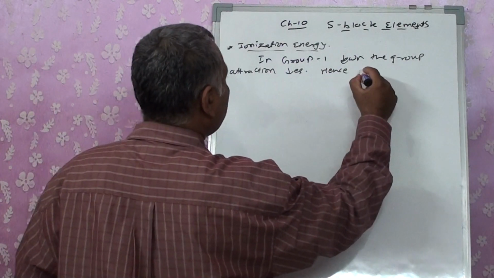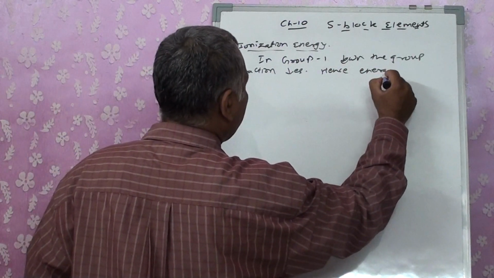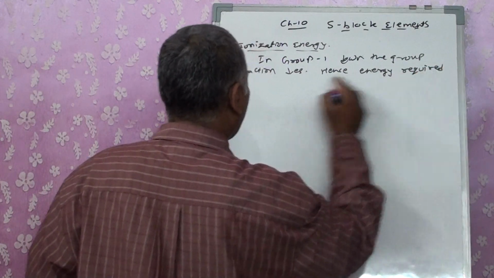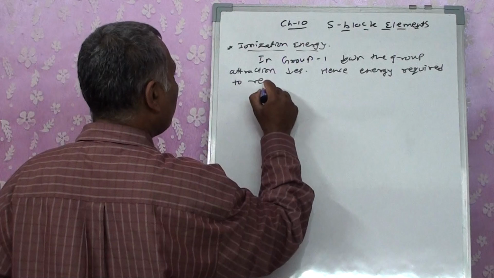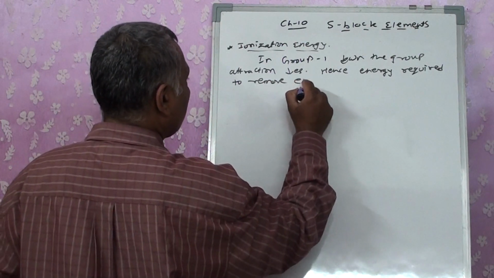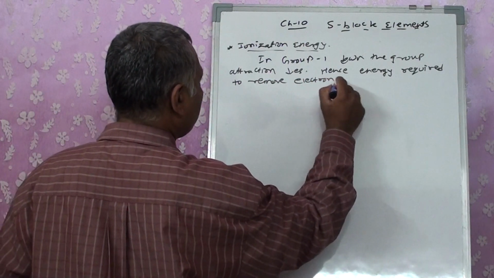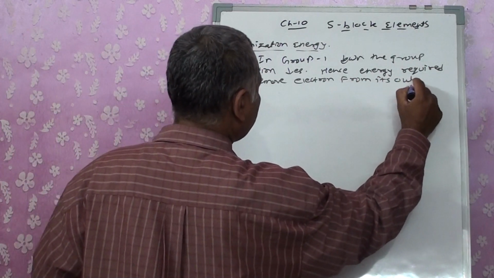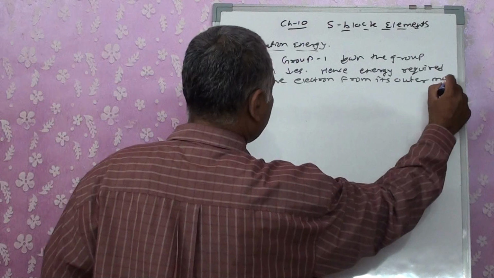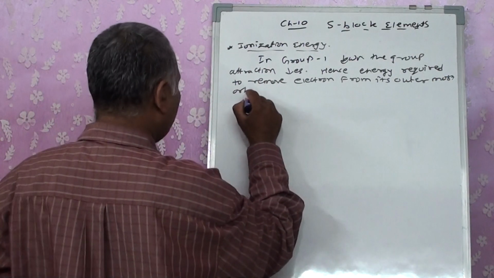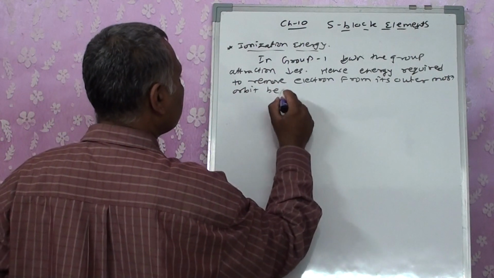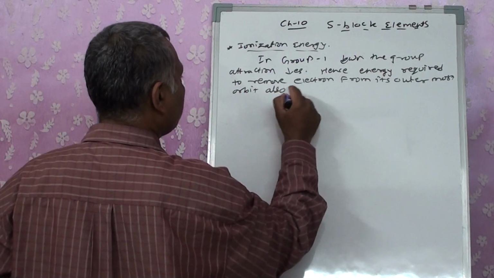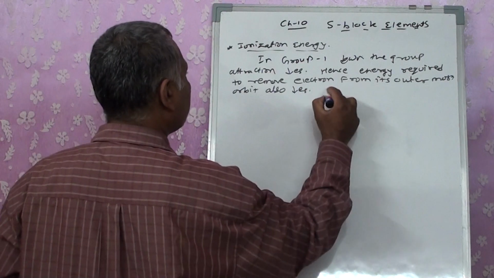Hence, the energy required to remove the electron from its outermost orbit also decreases.